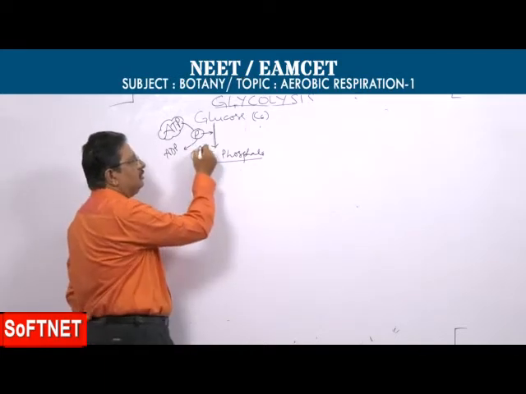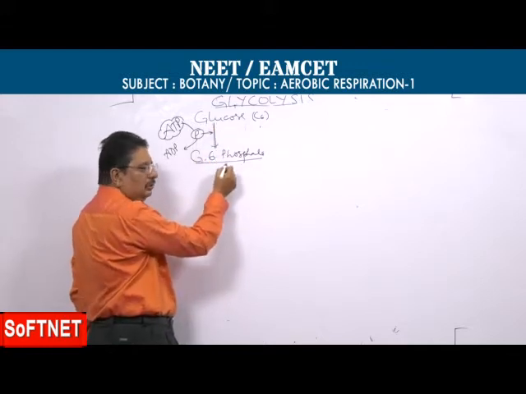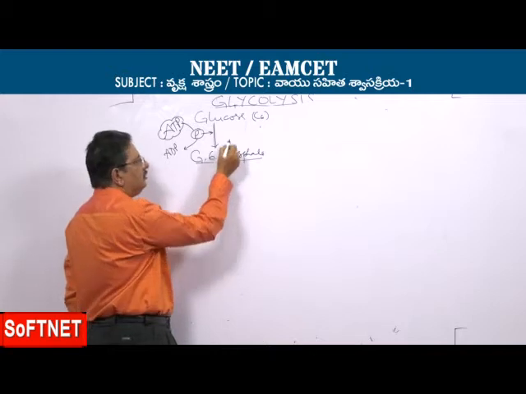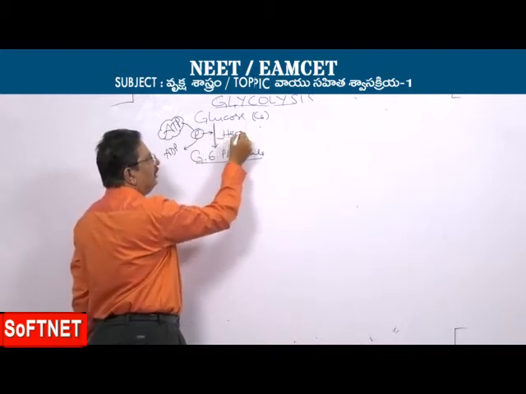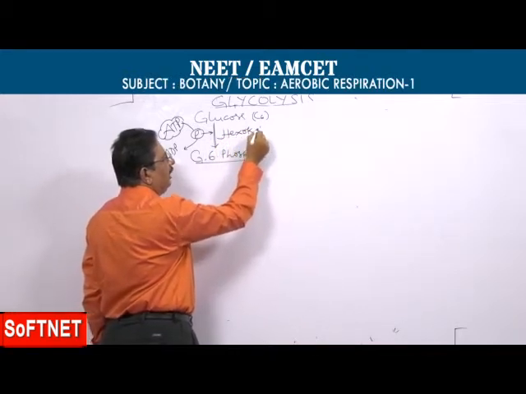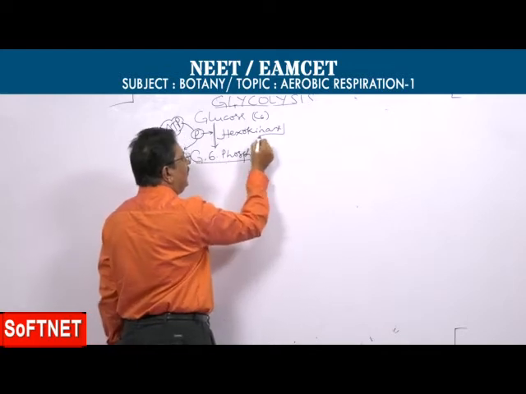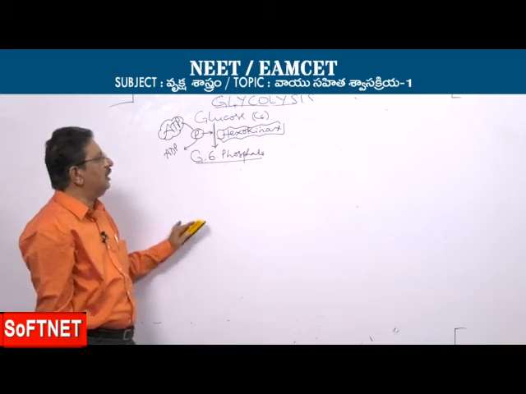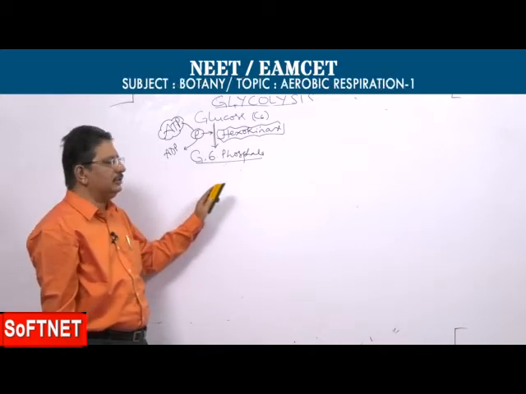And this is a process where glucose is converted to glucose 6-phosphate, mediated by an enzyme called hexokinase. As already stated, metabolic processes are mediated by enzymes.